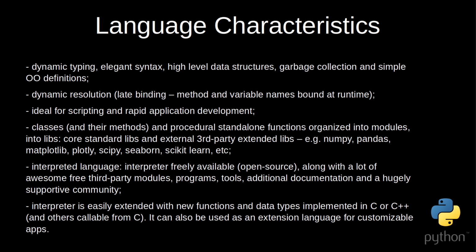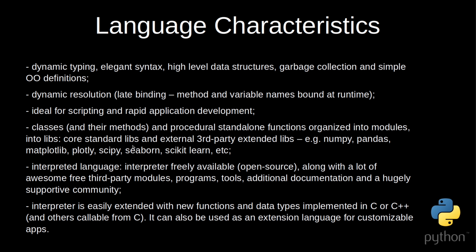So we'll be using classes and their methods, or we'll be using procedural standalone functions, for example the core built-in functions or external functions from other packages, which are independent from objects or classes. They're simply standalone functions that you can use directly without calling any object related to any respective class.